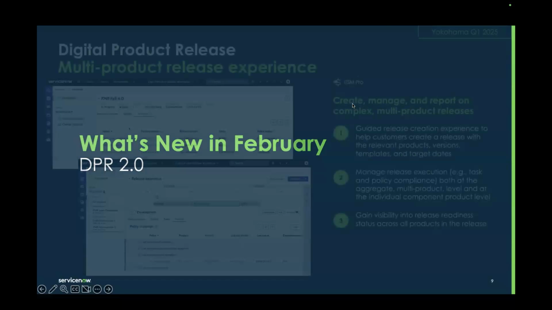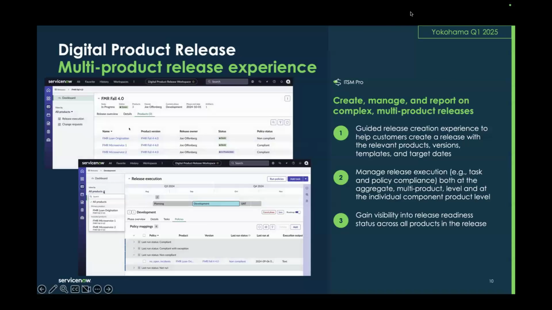So let's start with probably the biggest capability that we released in February, and really the reason why we have upped the version from the 1.x versions of DPR into 2.0, which is multi-product release. When DPR came out last February, in order to get out an MVP that did meet some of our customers' needs, we focused on how do we release a single product.